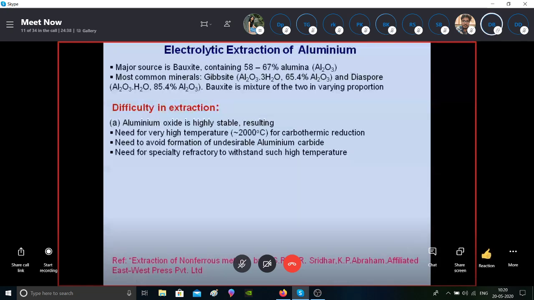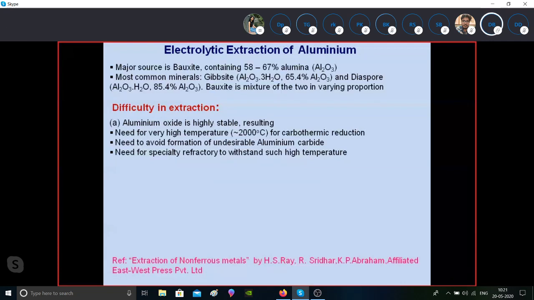And that means if we want to go for a carbothermic reduction of alumina, then we have to employ a very high temperature in the tune of 2000 degrees centigrade. Imagine the complexity involved in maintaining a furnace at 2000 degrees centigrade.